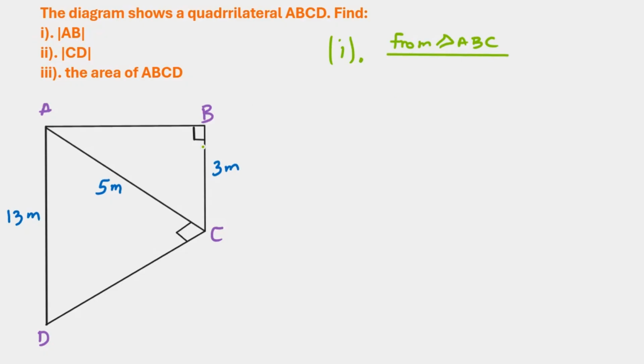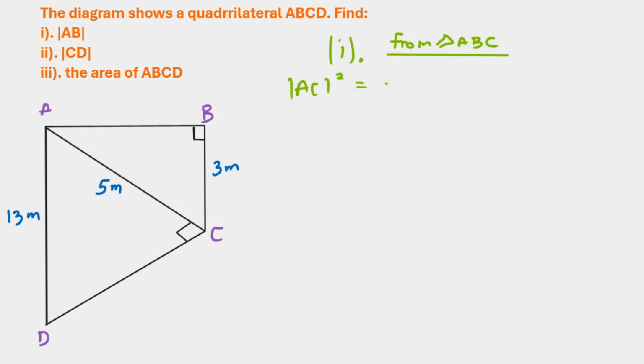Now, when you take the triangle ABC, this is the 90 degrees symbol, and this side is facing the 90 degrees. So that means the side, which is AC, is the hypotenuse. So I can say that AC squared is equal to the sum of the squares of the two other sides.